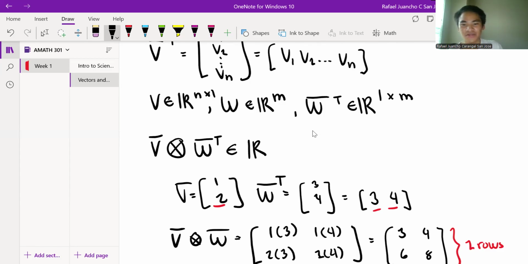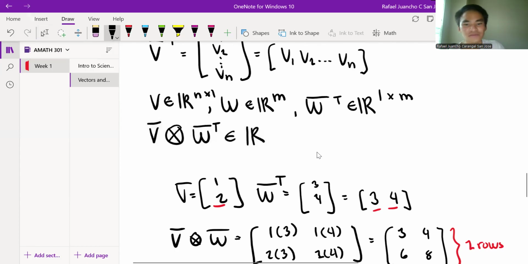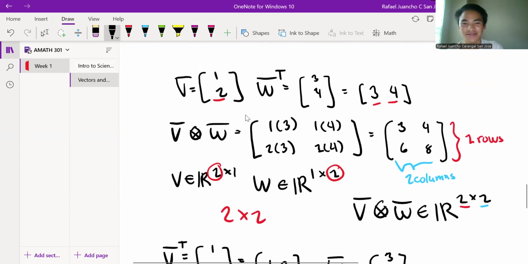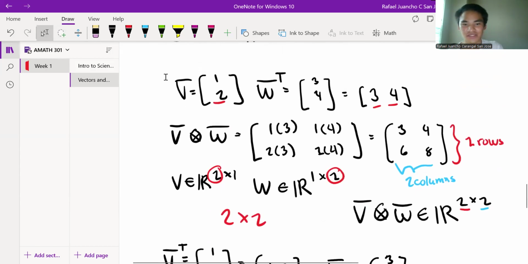So as a result, if we get their cross product, what do we have? Well, we actually have N by M. Confusing. But we can actually make this okay, so I'm going to erase this.